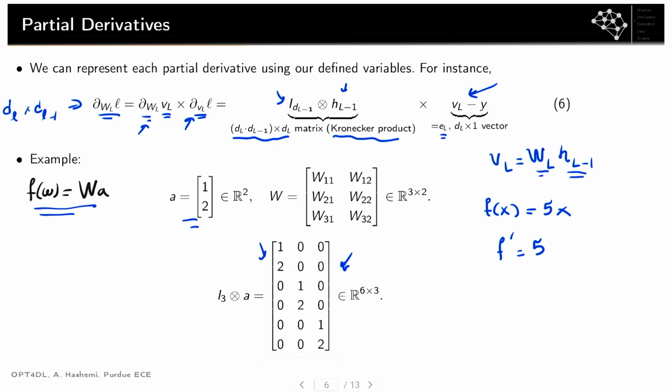But long story short, the first term only depends on the post-activation of the previous layer. So that's what matters for us. Therefore, we see a structure: the partial derivative depends on the error signal as well as the post-activation of the previous layer.